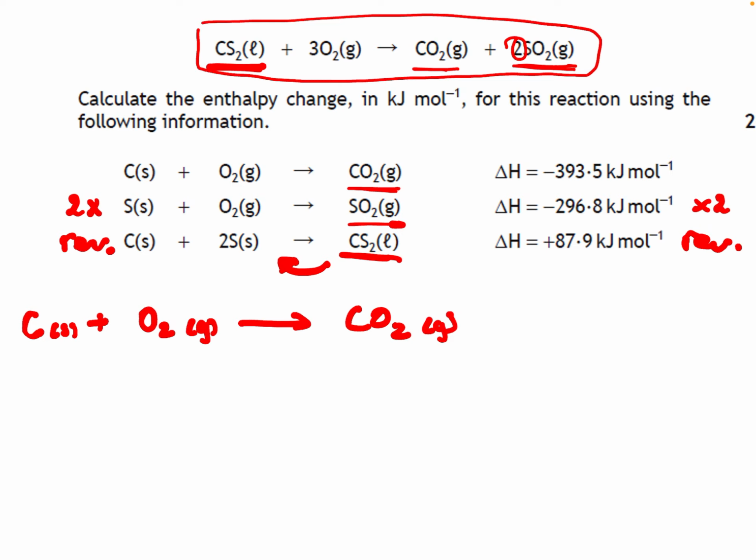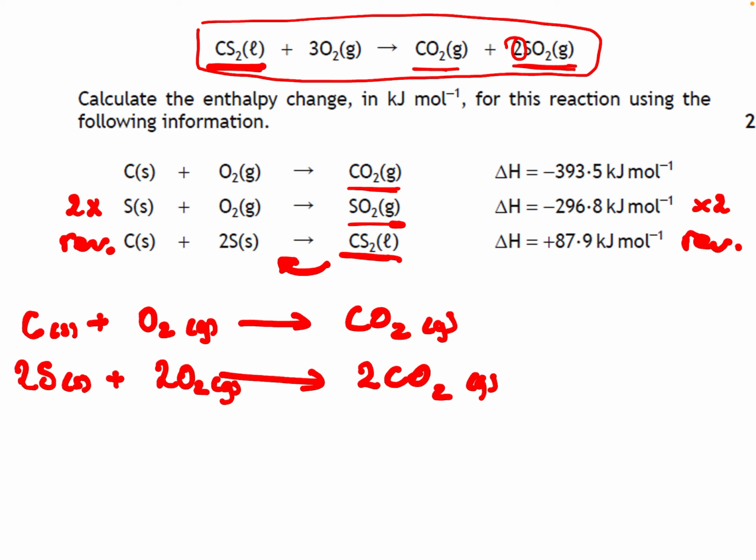I'm going to times everything here by 2 in the second equation, so that's nice there for us. Just put the state symbols in. And then I'm going to reverse this last one as well. So I'm going to put CS2 for liquid going to CS plus 2S.